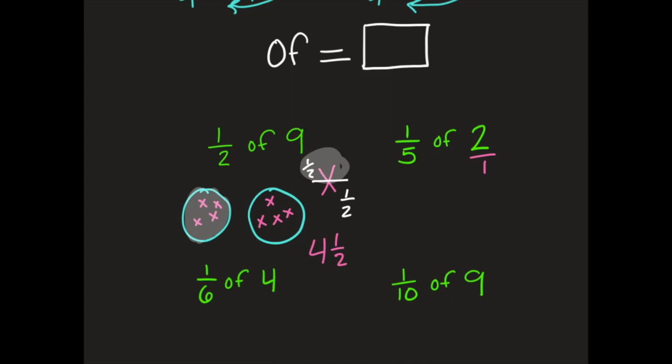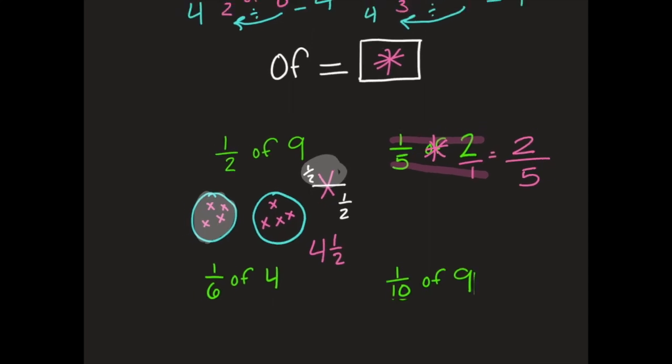Now, whenever you see "of" in a math problem, that means to multiply. So I'm going to put multiply in here, and then multiply across. 1 times 2 equals 2. 1 times 5 equals 5. And so my answer equals 2/5.